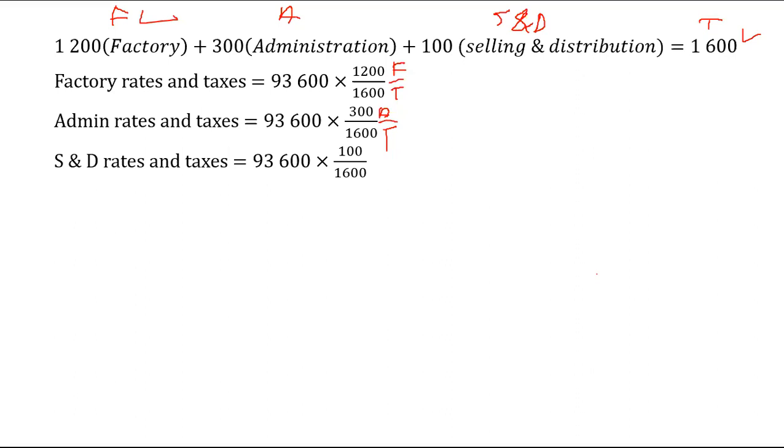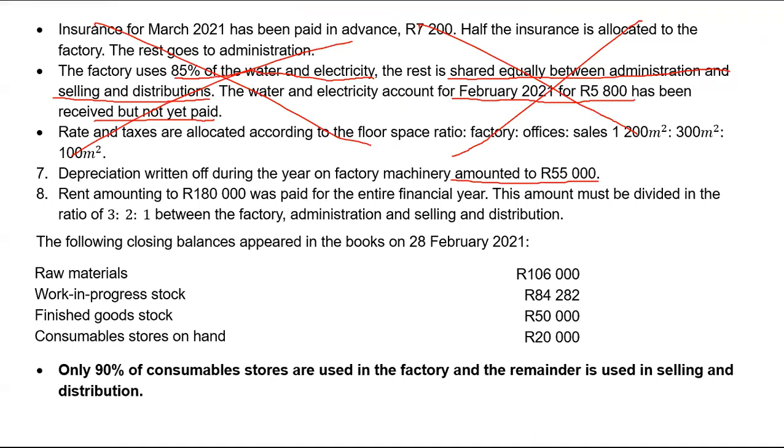The 3 is for the factory, I'll just write F. The 2 is for admin, so I'll just write A. And then the 1 was for selling and distribution, I'll just write S. Add them up, and it'll give you the total ratio.